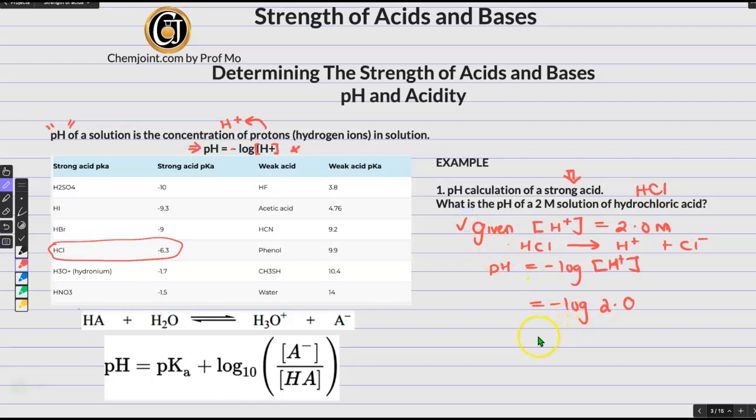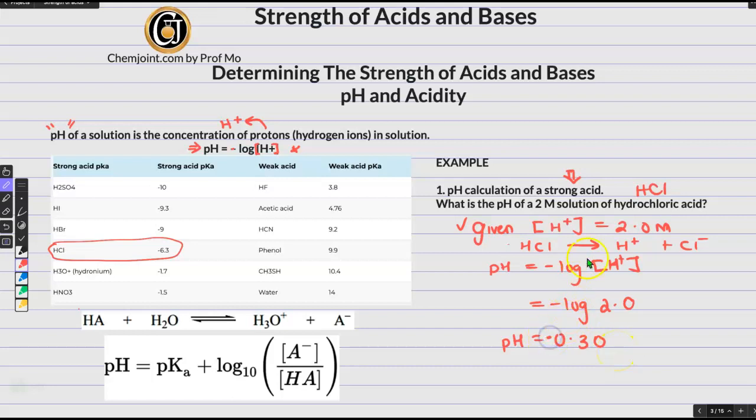That's what we were given. And so the pH of the solution having 2 molar HCl will be, punch in your calculator, I hope you know how to use your calculator, negative 0.30. Quite acidic.